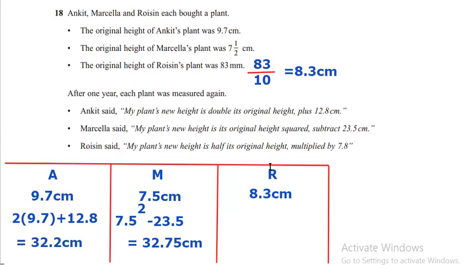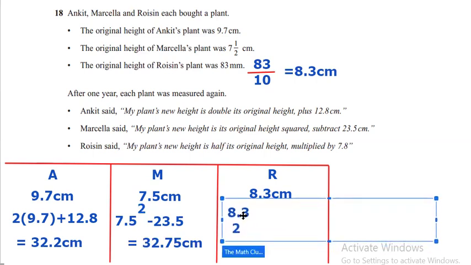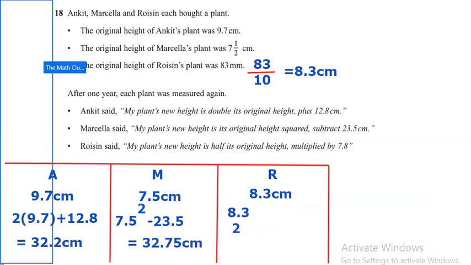Now we come to Roizen. Roizen said, my plant's new height is half its original height. Half means what? Very good. Divided by 2. So it's going to be 8.3 divided by 2, like this. And then multiplied by 7.8. So divided by 2 and multiplied by 7.8.